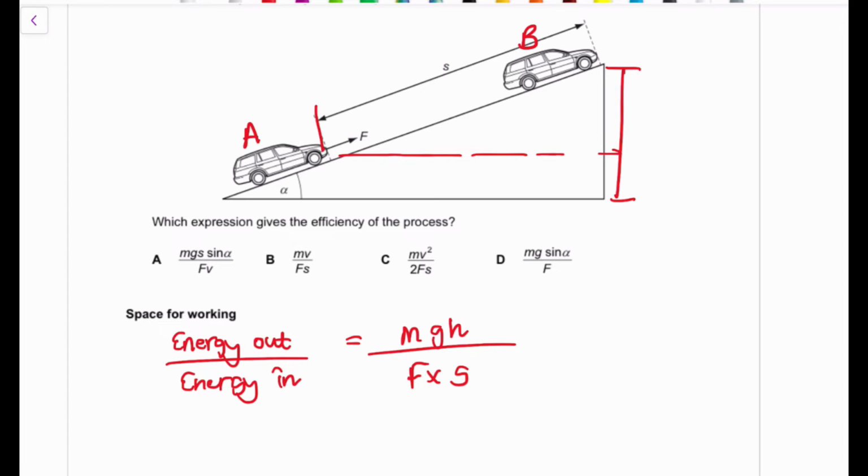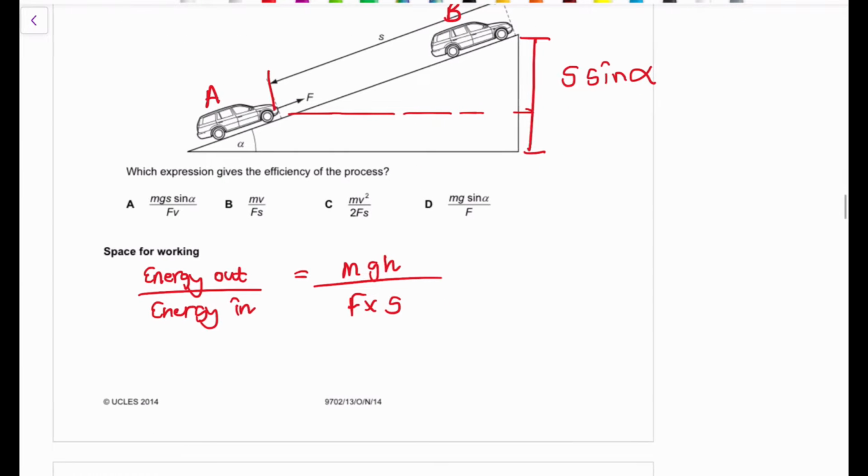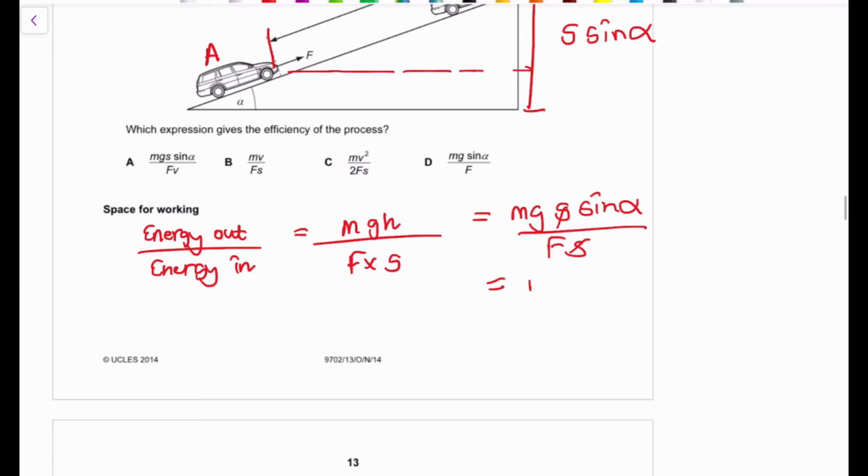So the value of that distance that we're going to need is basically going to be S sine of alpha, right, because it's opposite over hypotenuse. The hypotenuse is S, and we want to find the opposite, so it's going to be S sine alpha. Okay, so we're going to have mgh, but now mgs sine alpha divided by Fs. The S cancels, so we're left with mg sine alpha divided by F. So the answer is going to be D.